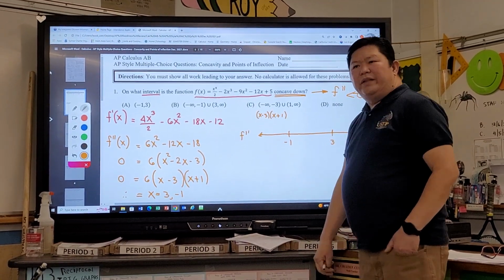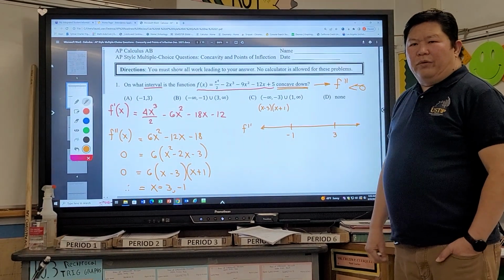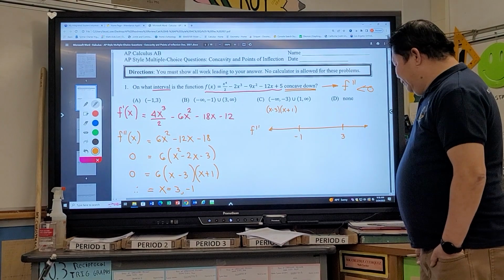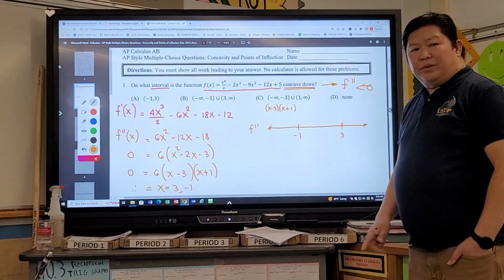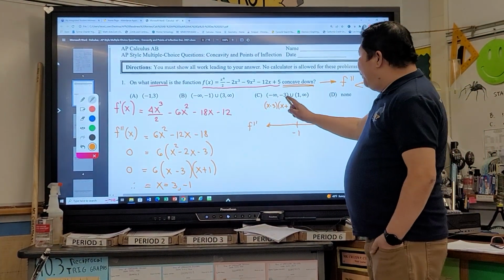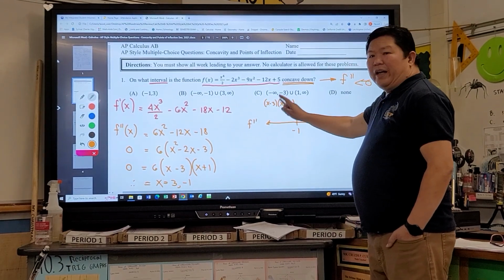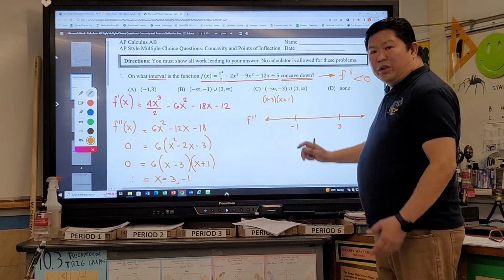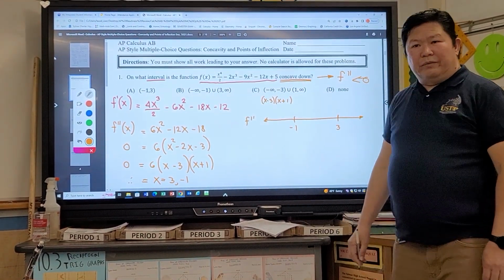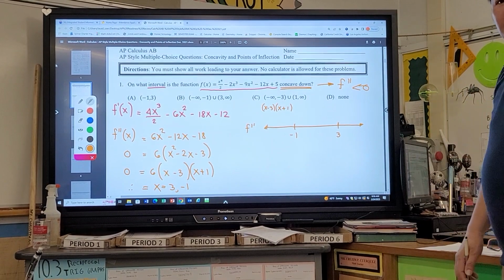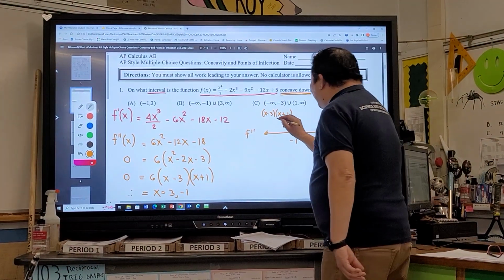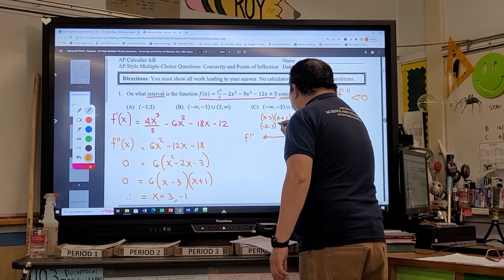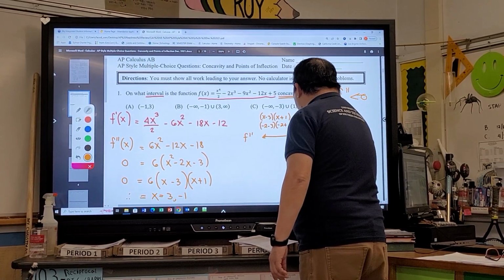So less than negative 1, what are the numbers less than negative 1? Negative 2, right? So we plug in negative 2 minus 3 and then negative 2 plus 1.